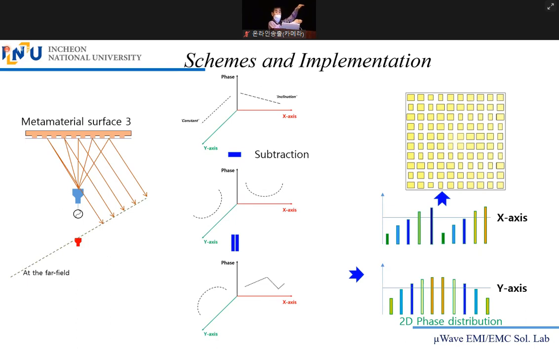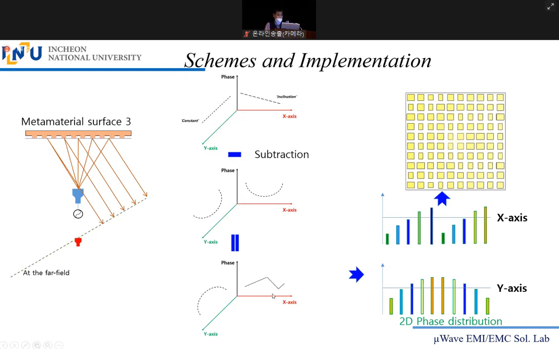Can you imagine what happens there? It's highly directive, and to the azimuth side we tilt it, but to the elevation side we try to make a plane wave like this. So we approach the problem from two dimensions, x-axis and y-axis.